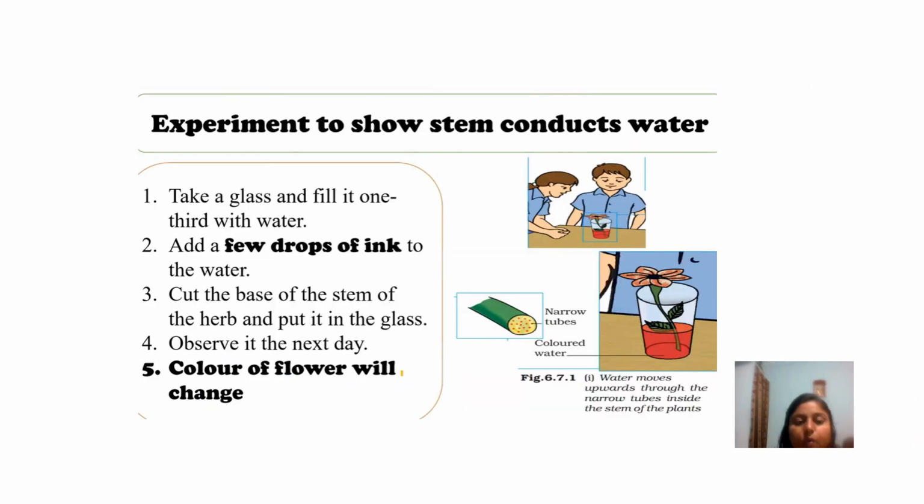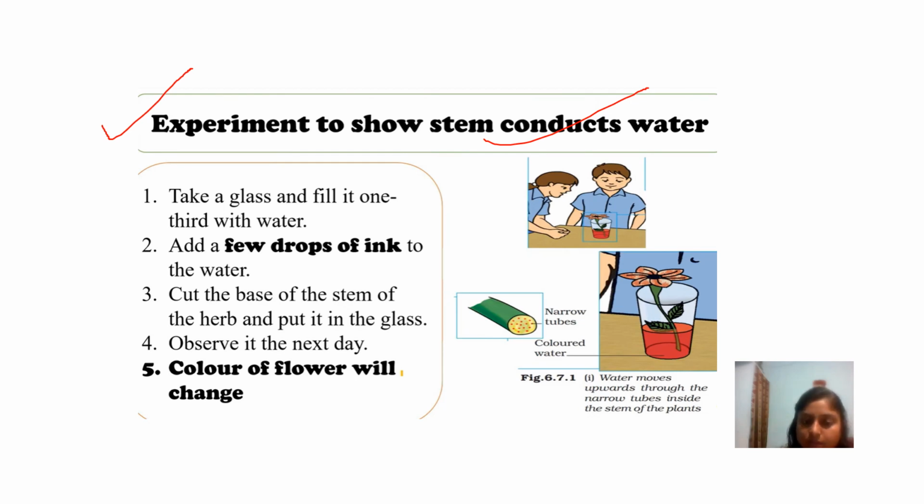Now students, here is one experiment to show that the stem conducts water. In this activity, first you take one glass and put 2 or 3 drops of ink in it, red or blue, any color. Then you take one flower and cut its stem.